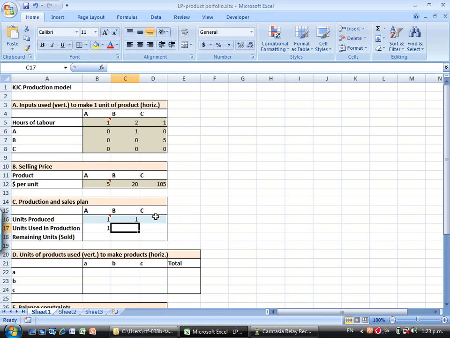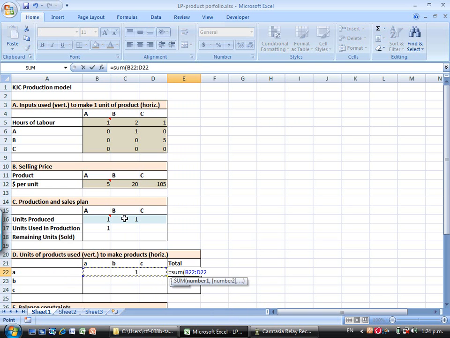So now in table D, C22, this entry would be 1. So we've actually consumed 1 unit of product A to make 1 unit of product B. Now the total number of units of A consumed will be the sum there.